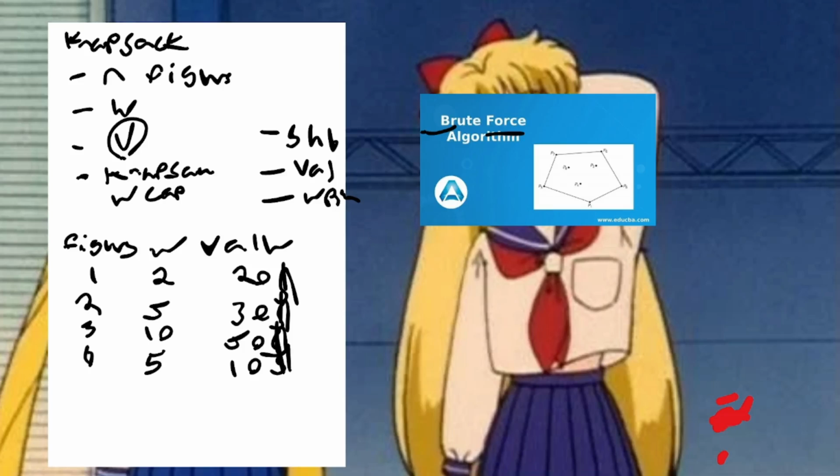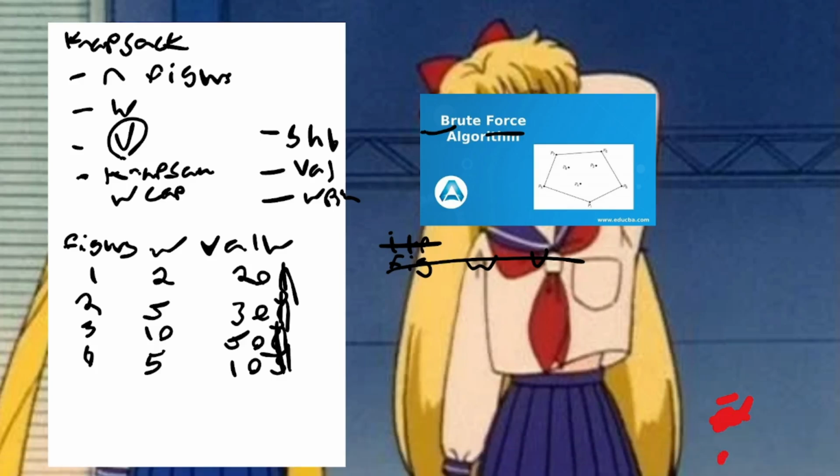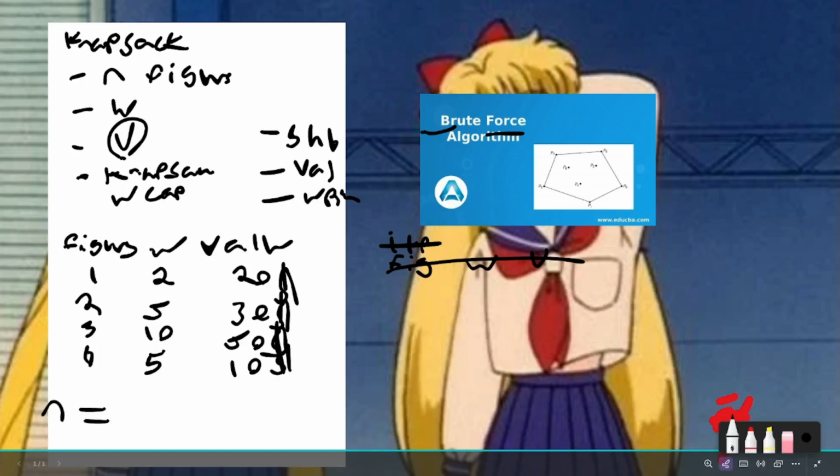Alright, so for the figures, it's going to be a little tricky to write, but we'll get it. Figure, weight, value. Oh wait, no. We already did that. Okay, so to generate all the possible subsets, we know that for any n element set we're going to have 2 to the n subsets.